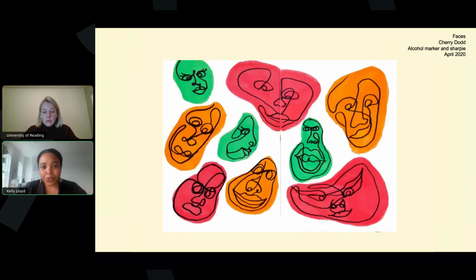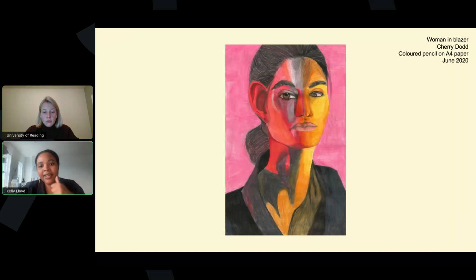Again, a play around with repetition, drawing, kind of continuous line drawing, still a focus on portraiture, but then playing around with color and different shapes, different materials. Quite often people include portraits within their portfolios.